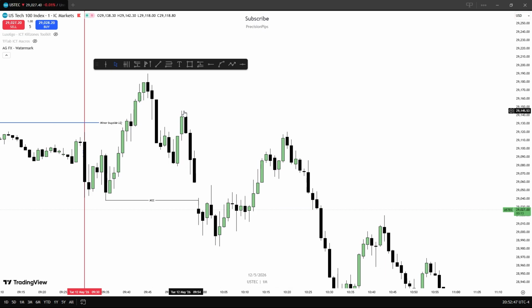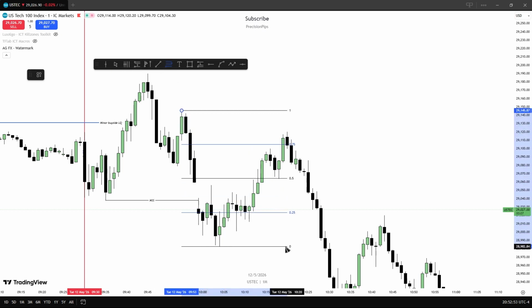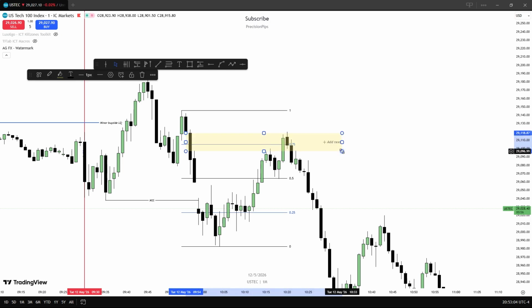So from this high to this low, we need to mark out the premium and discount zones. So we need to mark a fair value gap that occurred in our premium if we are bearish, and discount if we are bullish. So the price respected this premium PD array, which is a premium fair value gap.